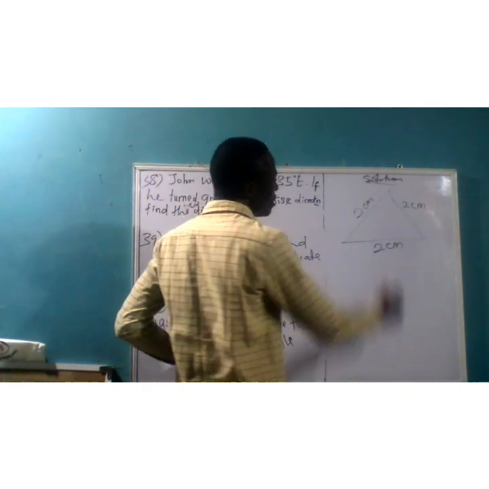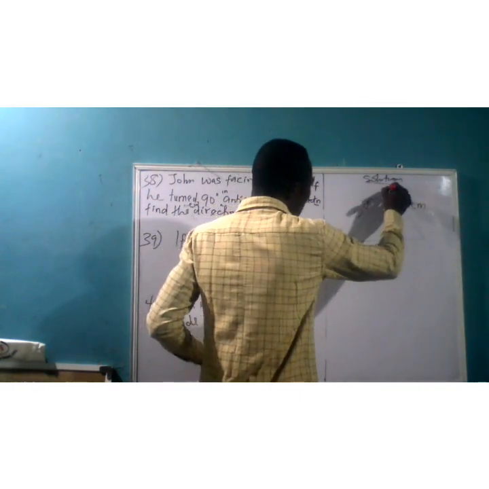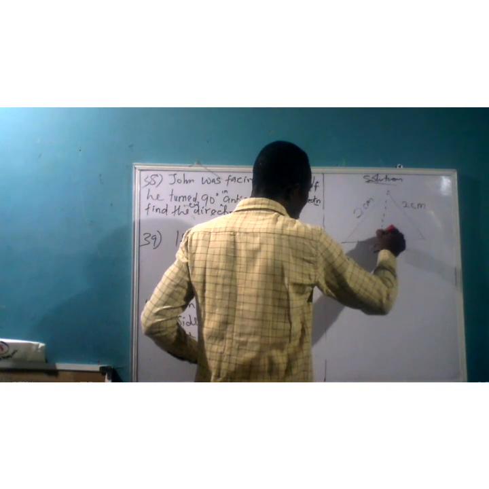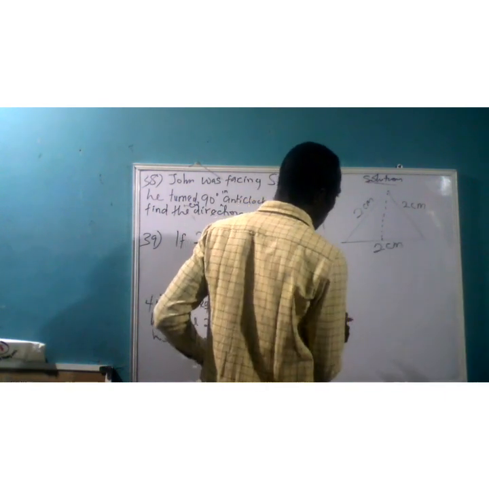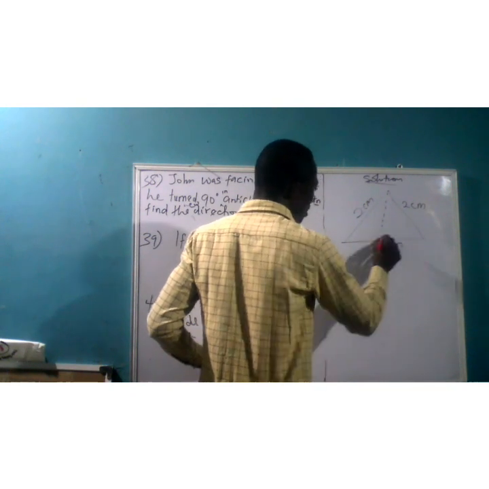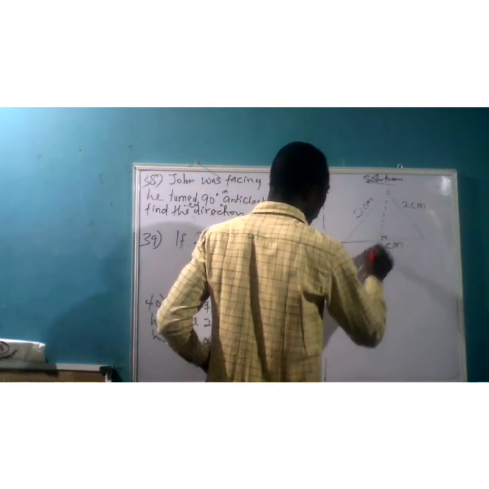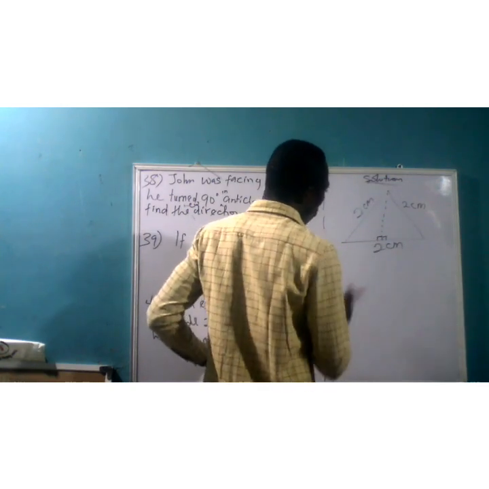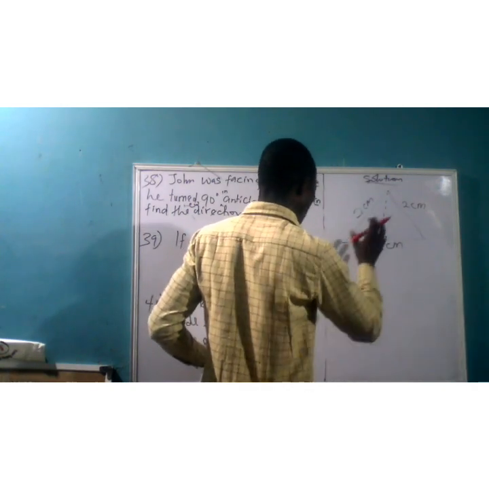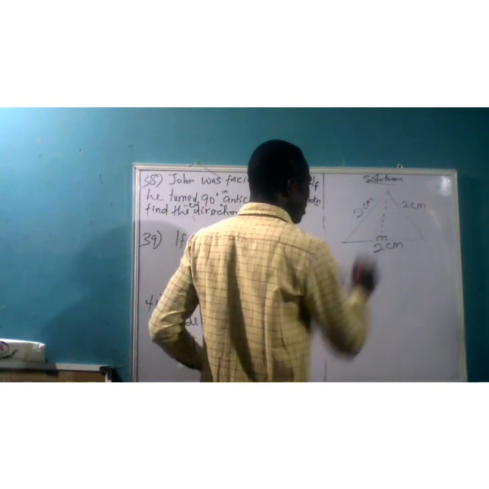Now the height of this equilateral triangle will be a line drawn from this vertex straight down to the base side. Okay, and this line is as well forming a 90 degree angle with this side. So we have two right angle triangles. Now you can make use of any of them to find the height h.